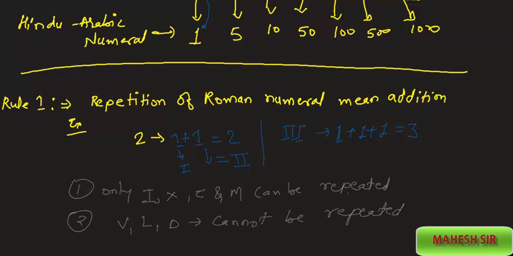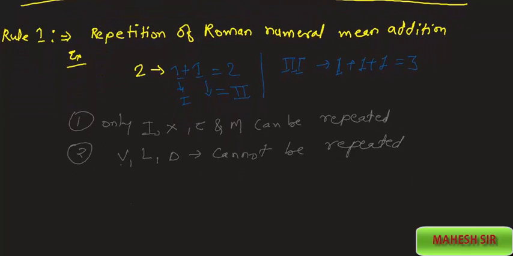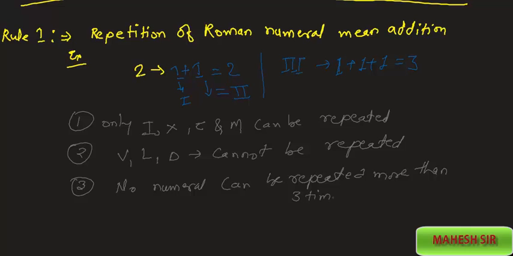And the third precaution is no numeral can be repeated more than 3 times. Now let us understand one by one.